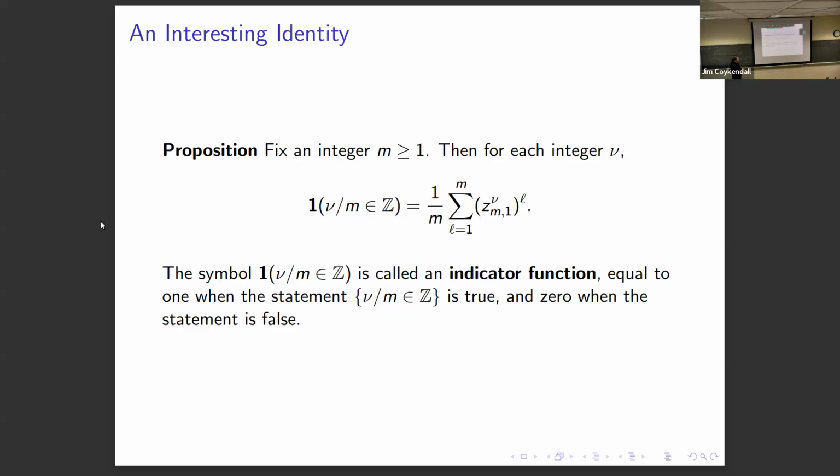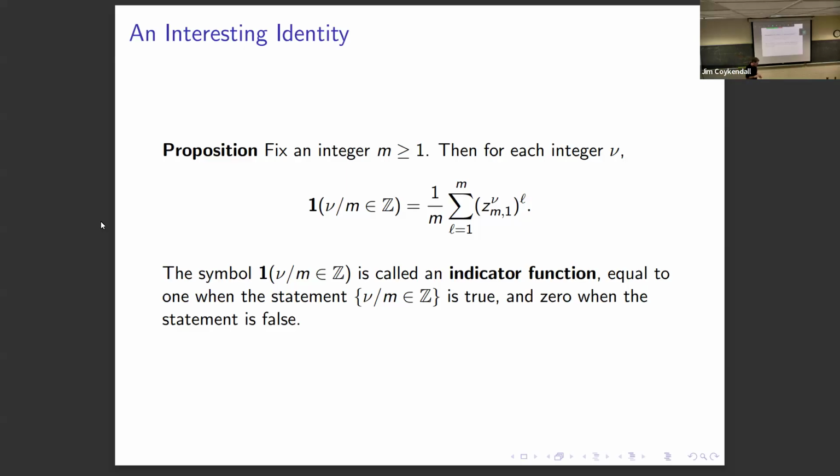So all we're saying is, if I take each integer nu, given a fixed integer m greater than or equal to 1, and I want to write down the expression for the indicator that nu divided by m is an integer, that turns out to be equal to the sum. Now you might look at that and think, how is that remotely useful? Well, we'll see why in a second. So we have this geometric sum-like representation for this indicator function.